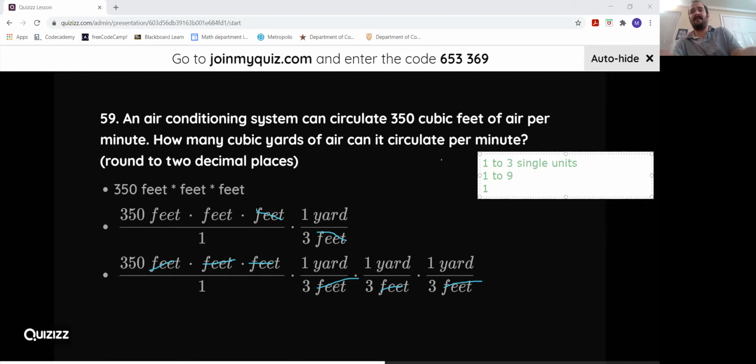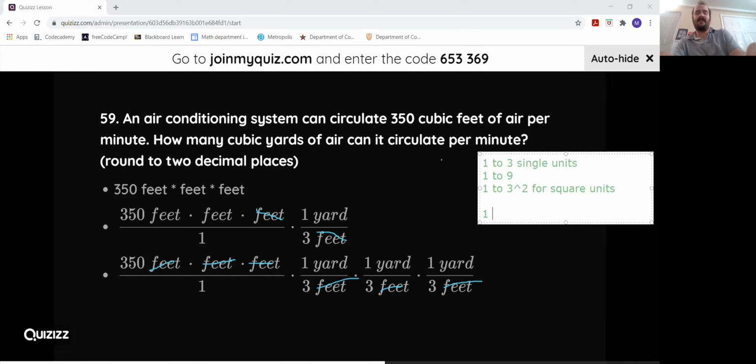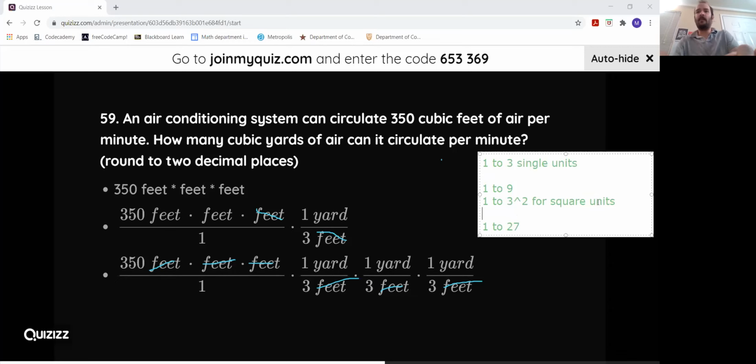That's 1 to 3 squared. So you have to square the conversions for square units. And 1 to 27 comes from 1 to 3 to the 3rd power, for cubic units. So you have to cube the factor when it's cubic units. This is a little bit of a justification for why we have to do that.